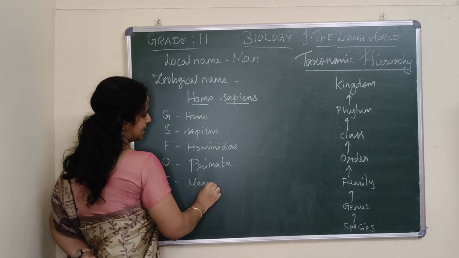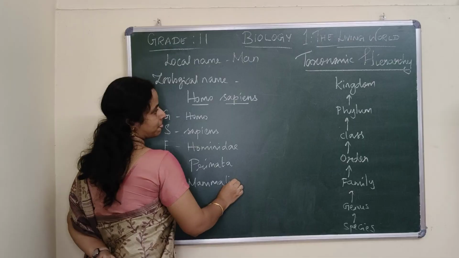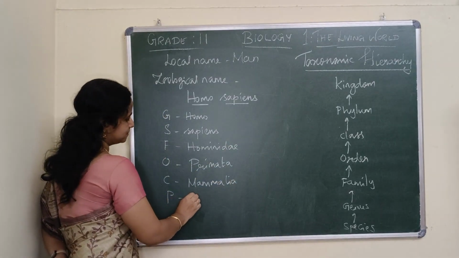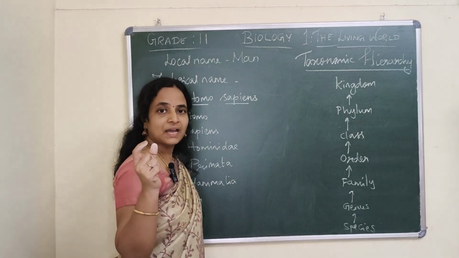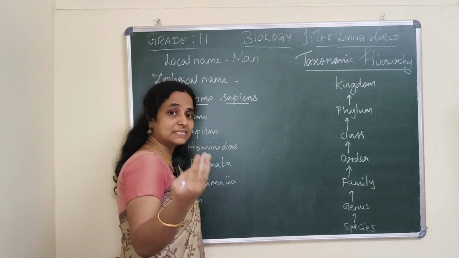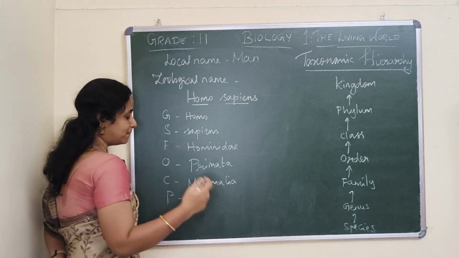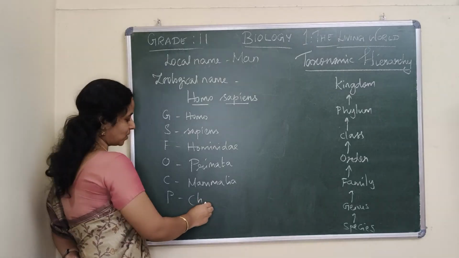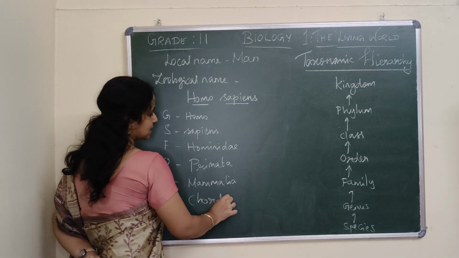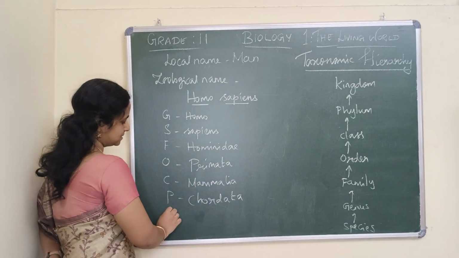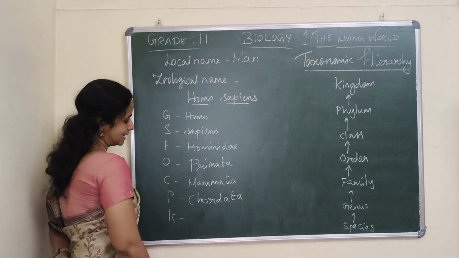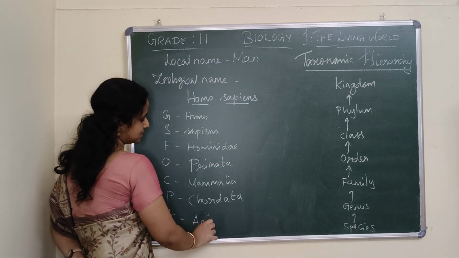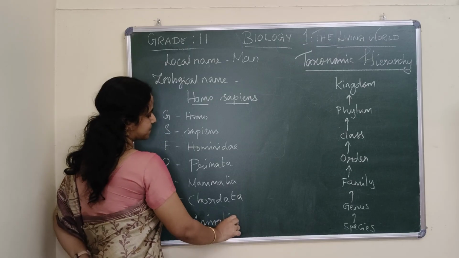We come under Mammalia. Then we have phylum. We classify based on the presence of backbone, which we call notochord. So that comes under Chordata. And the highest hierarchy is kingdom. It comes under Animalia. Okay.